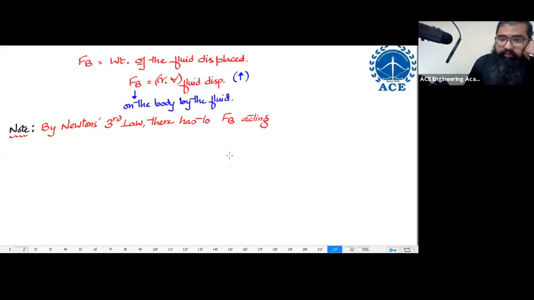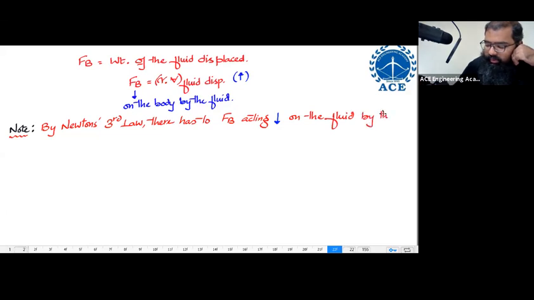In which direction now? If this FB action has been done upward, this has to be in downward direction. FB acting downward on the fluid, by the body.